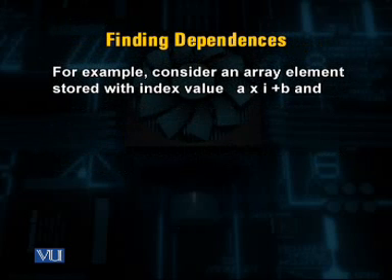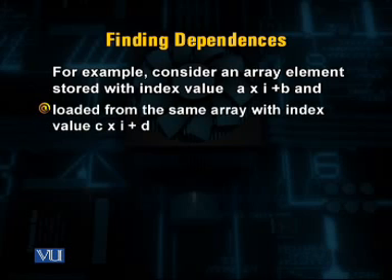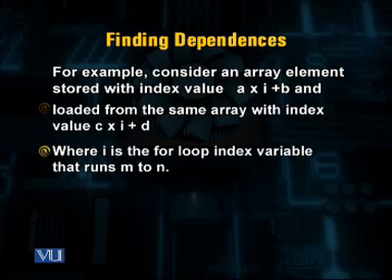For example, let us consider an array element stored with the index value A I plus B and loaded from the same array with the index value C I plus D, where I is the loop index variable that runs from M to N. Then in this particular case, we can say that the dependence occurs if the following two conditions hold.